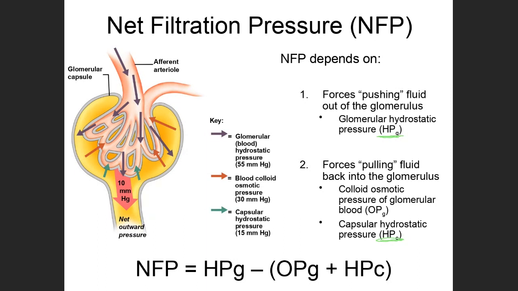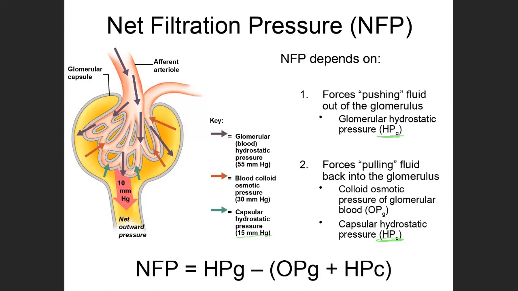Those things collectively create a fluid pressure that's a back pressure on the glomerulus, tending to oppose substances moving out of the glomerulus. That's our capsular hydrostatic pressure, or HPC. That pressure is equal to about 15 millimeters of mercury, and it's represented by the green arrows on this diagram.